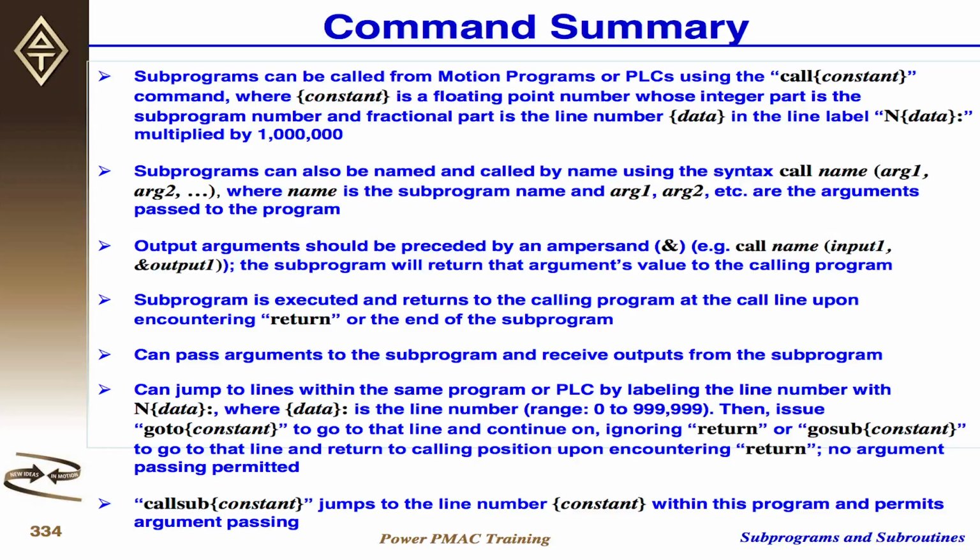You multiply this part by 10 to the 6, 1 million, to find the line number, and this integer part is the subprogram number. That line number is shown as N data. So in this case, it's going to go to N1 in the calling program.